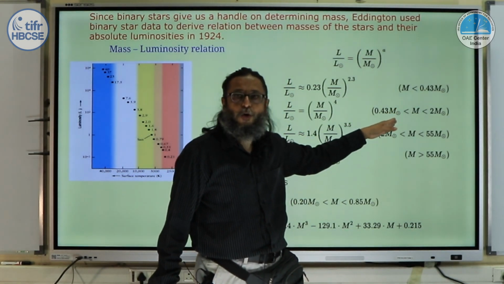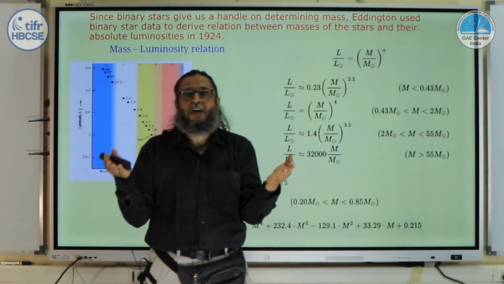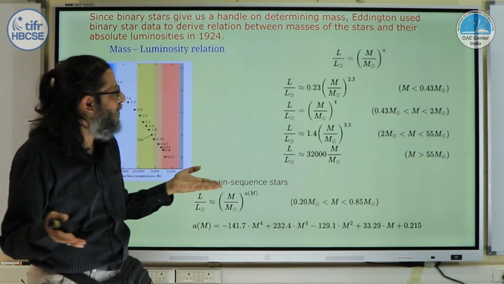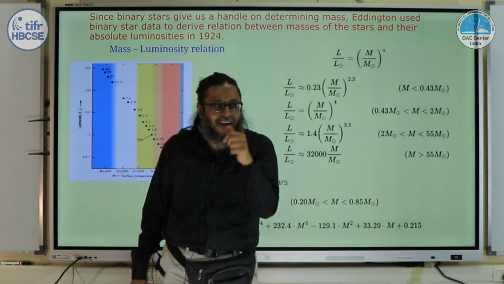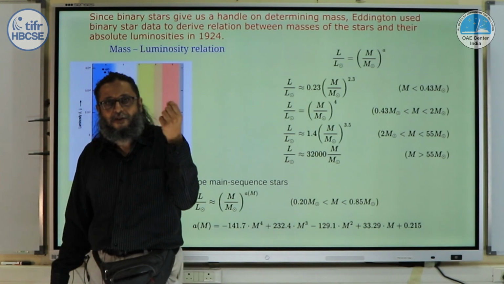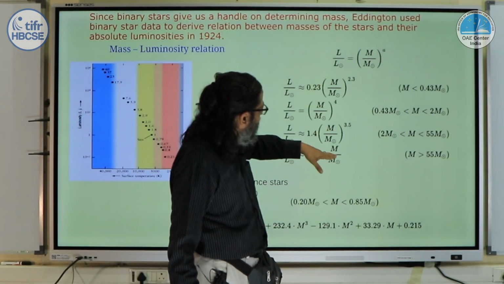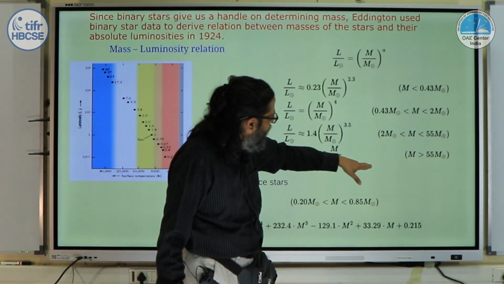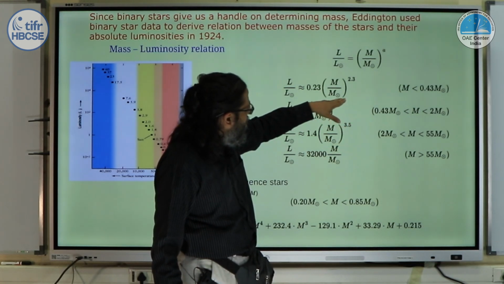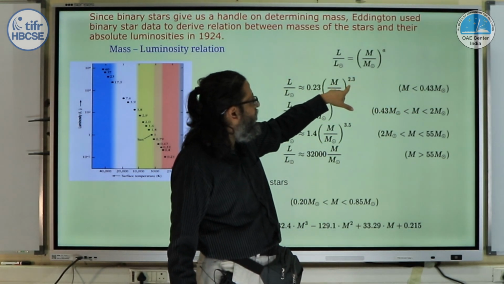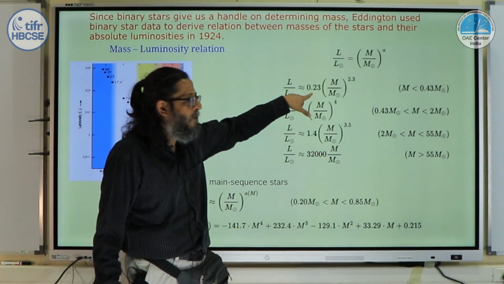As we go to the lower classification of stars, where we are talking about stars which are similar to the sun, then the index A is slightly higher than the index out here. It is of the order of 4. And the funny thing is, as you are moving from higher massive stars to lower massive stars, the index A is increasing. But as you go beyond this threshold, the index decreases. It becomes 2.3. And of course, the proportionality constant is now 0.23.